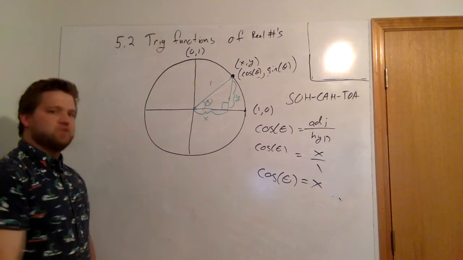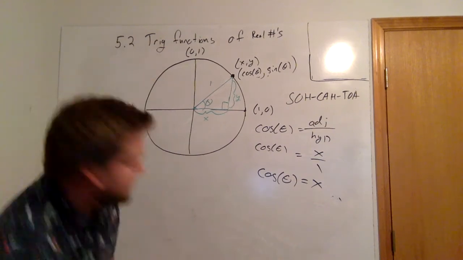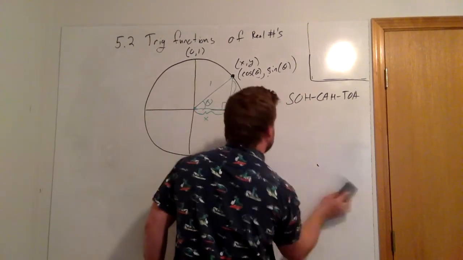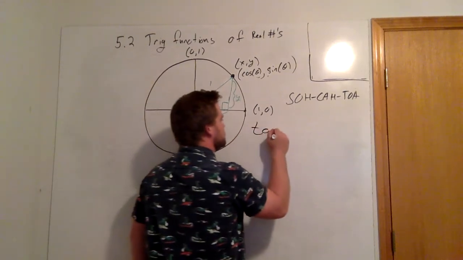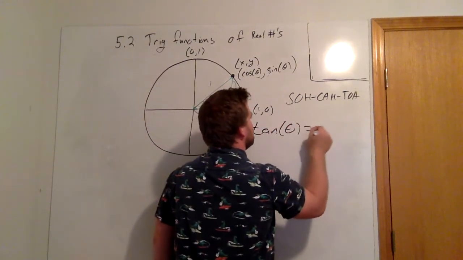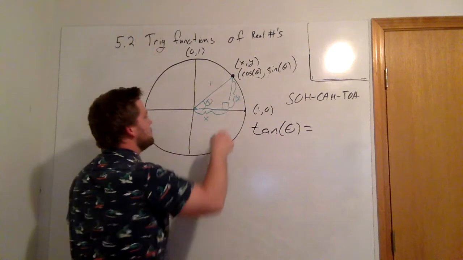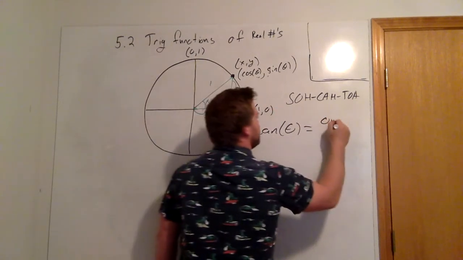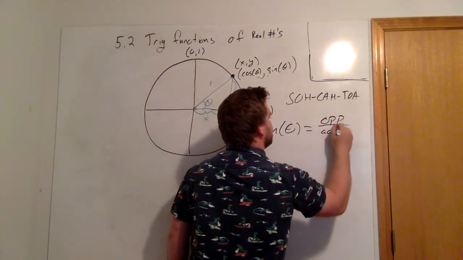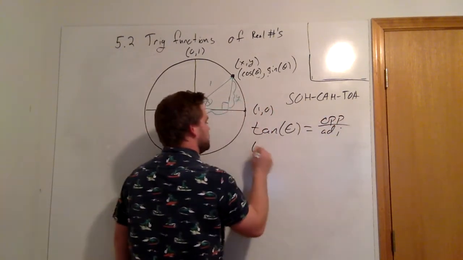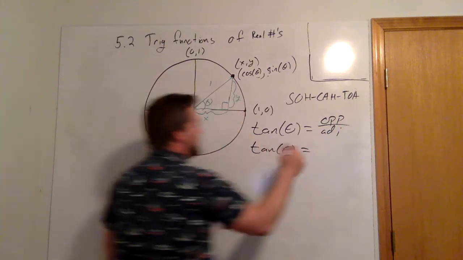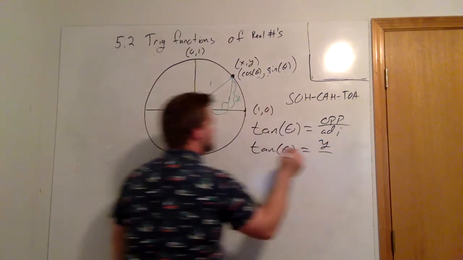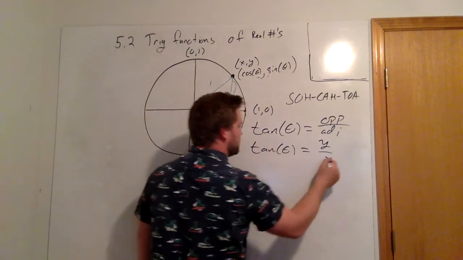Now the next question is, what is tangent? Tangent of theta is opposite over adjacent. So for the tan of theta, the opposite is y, and the adjacent is x.